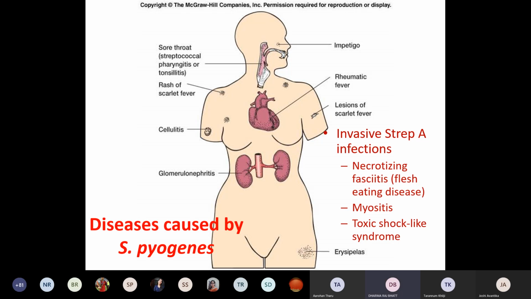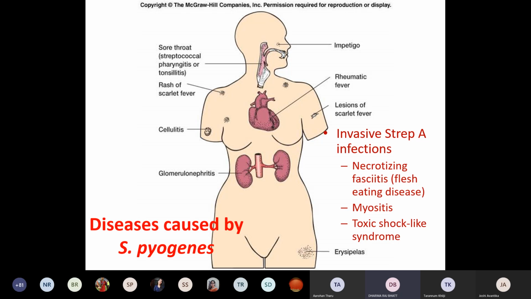Now, in this picture, you can see the spectrum of clinical conditions caused by group A streptococci. The most common ones are the skin infections like cellulitis, impetigo, erysipelas, right? These are the common ones.